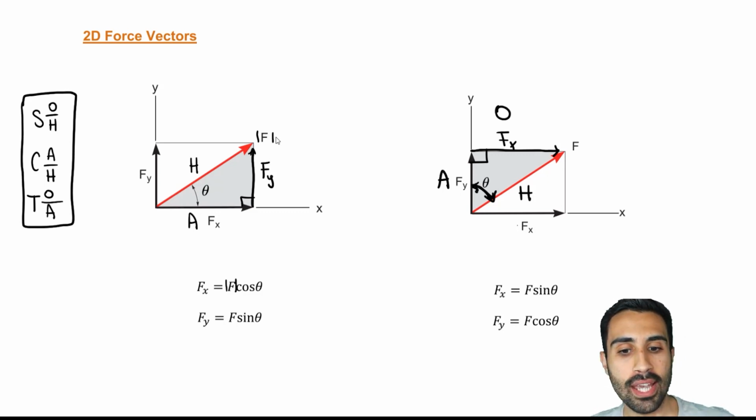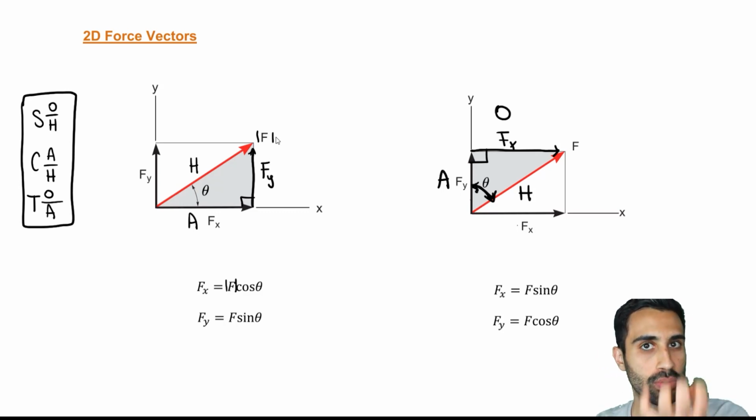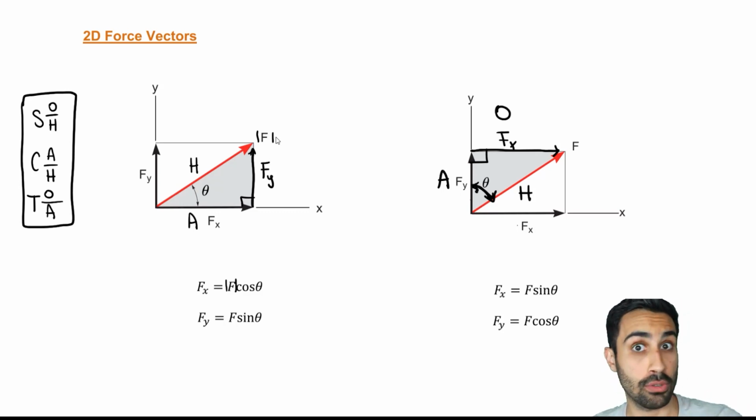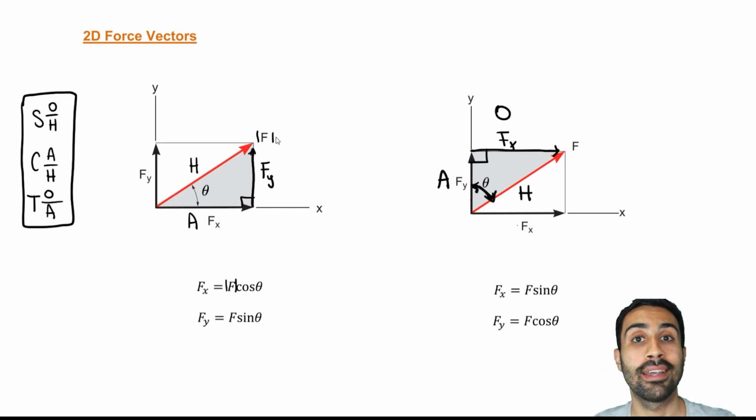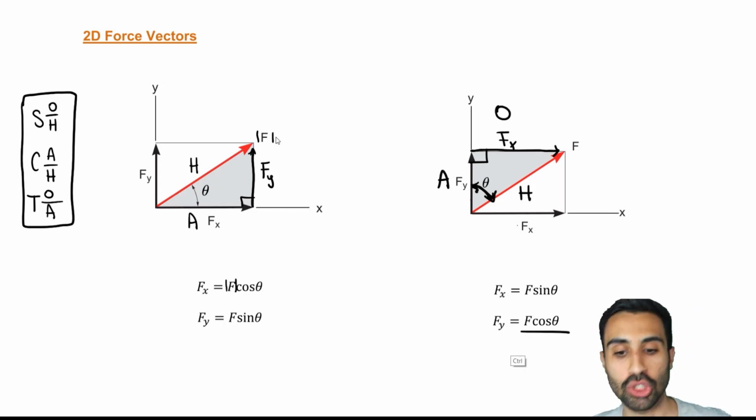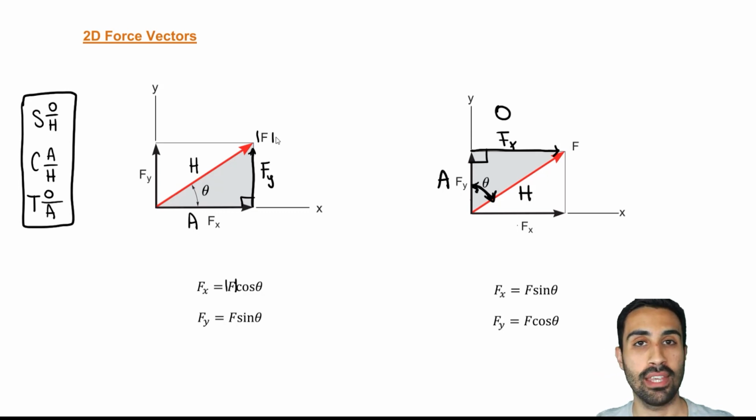Again, notice how the angle is touching the Fy component, and it also always touches the resultant or the force magnitude that we're trying to break down. When it touches that component, what's Fy? Cosine. And that's what's shown here. It's F cosine of theta. If you keep that in mind, you're going to get these right when you break down these components.